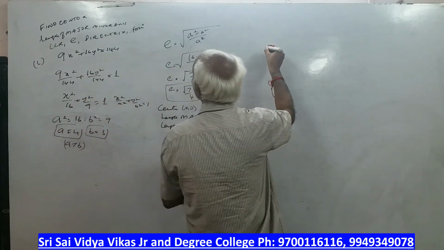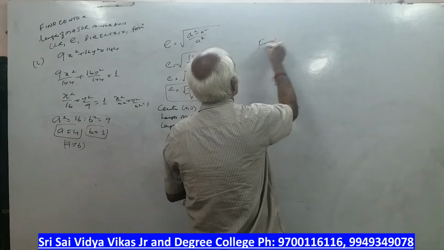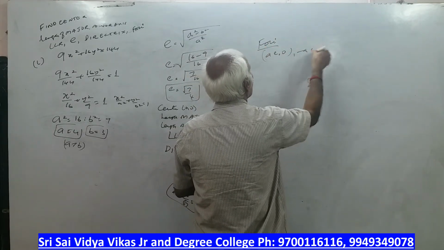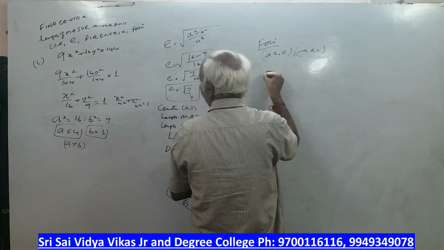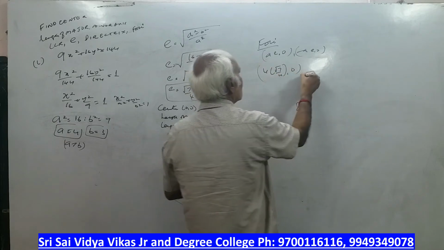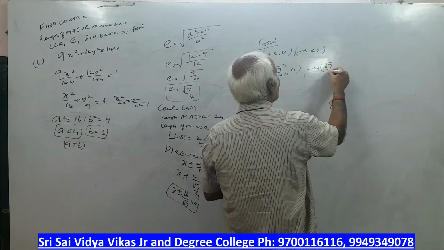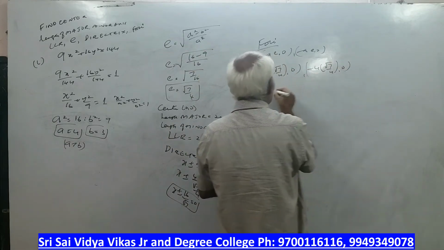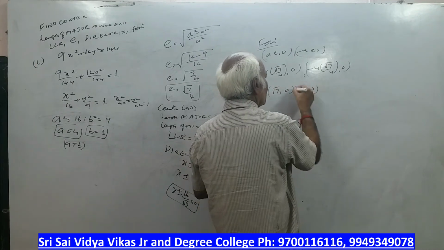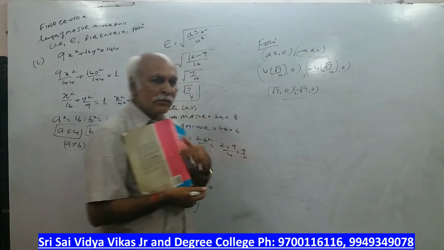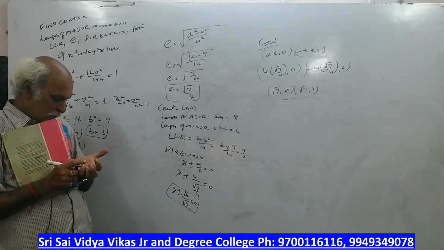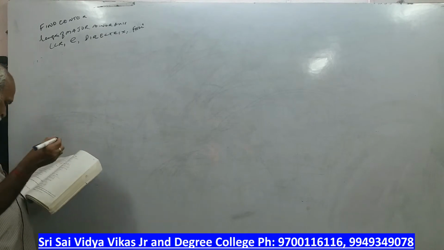Next, the foci: (ae, 0) and (-ae, 0). The a value is 4, e is root 7 by 4, so this becomes (root 7, 0) and (minus root 7, 0). Okay, so we got the formula application. Please note this.